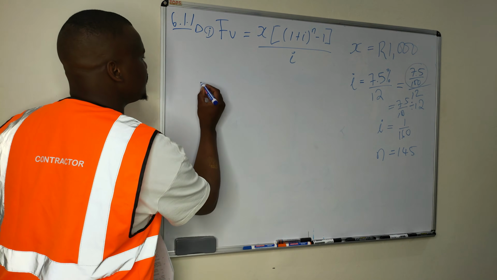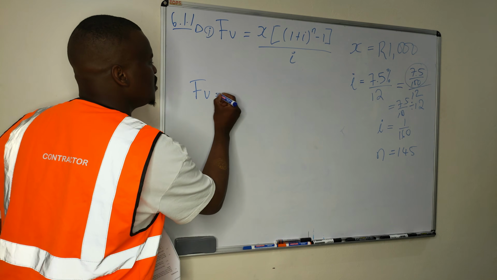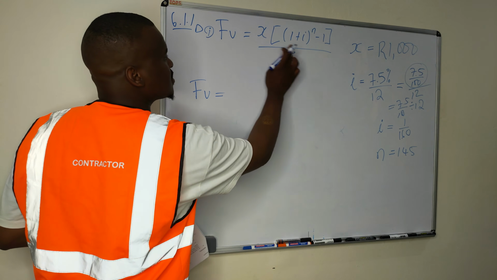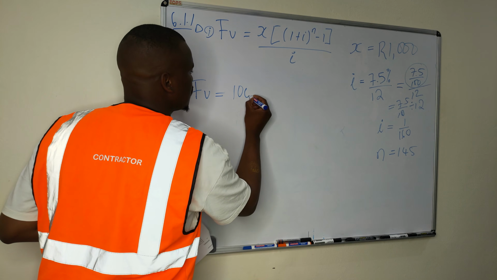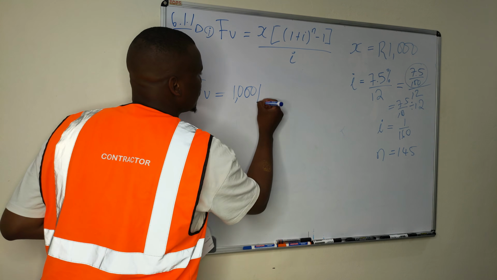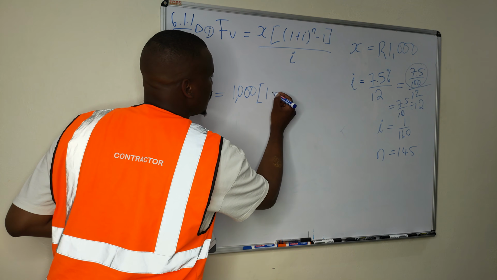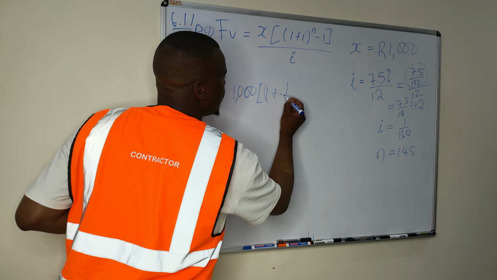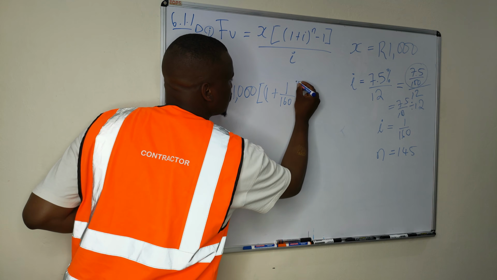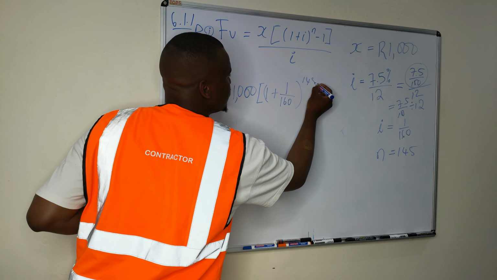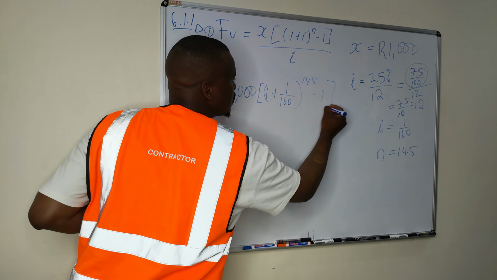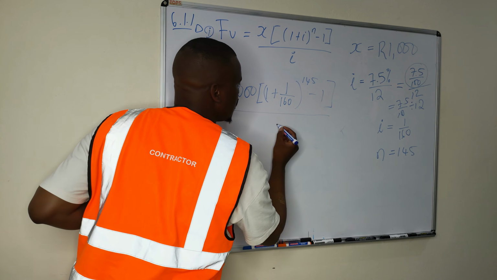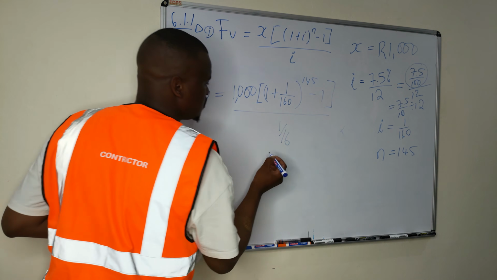So we want the future value of the investment. Future value is equal to X, and our X is 1,000, times 1 plus our interest rate, that's 1 over 160, raised to 145, minus 1, all over 1 over 160.